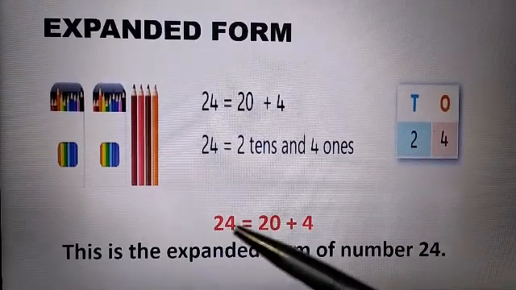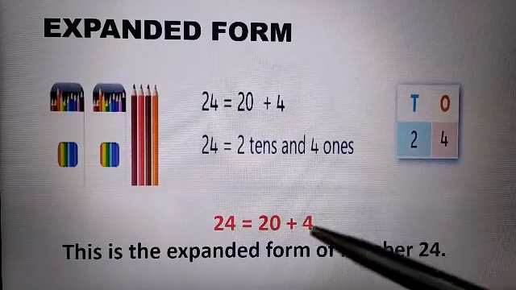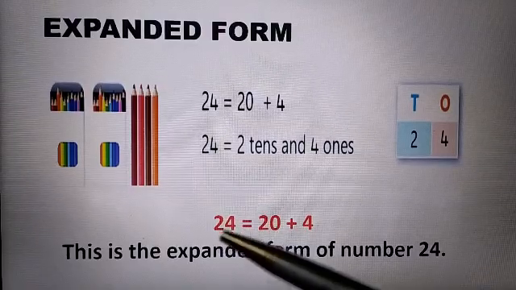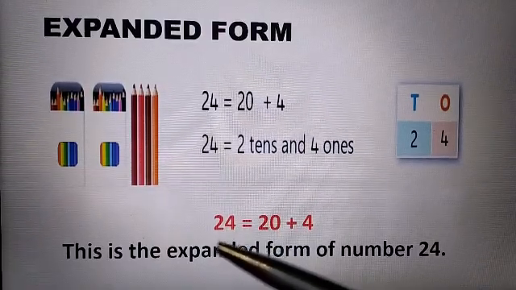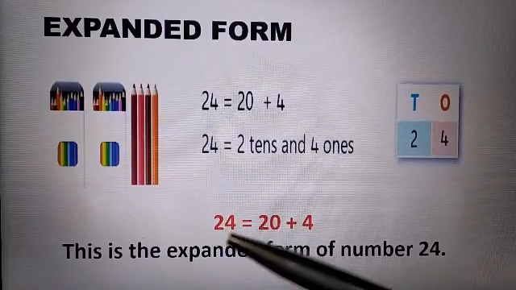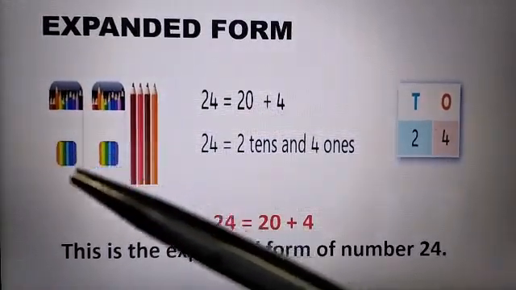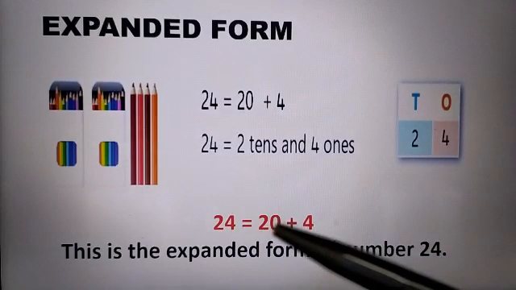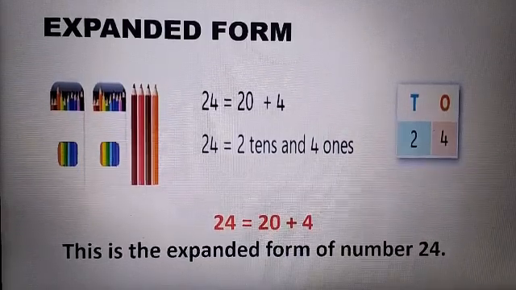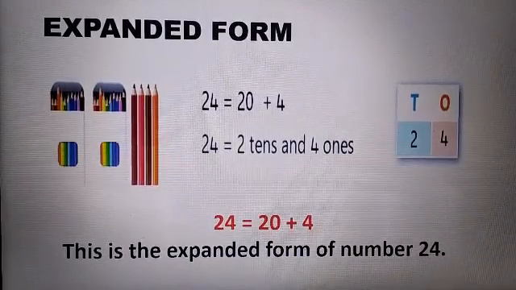Here it is written. Now 4 is on the ones place. Single digit number. Yes. Now 2 is on the tens place, right? Tens place means 20. Okay, 2, 0. Yes, there are 20 crayons, right? So here it is written 20. So this is the expanded form of the number 24.